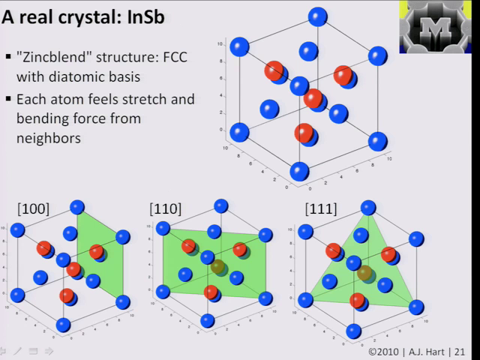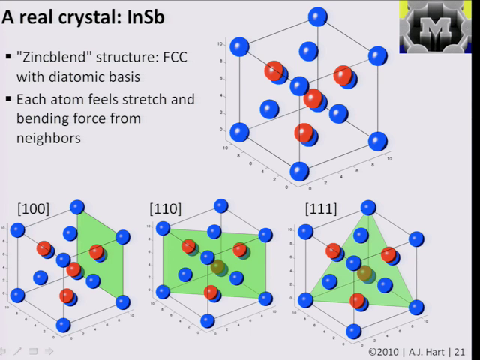And the crystal we're looking at in particular is indium antimonide, which is a semiconductor used in detectors and things like that. And the way you would solve it is exactly the same, it's just more complicated. You'd consider each atom, and it would have springs and also maybe a bending moment from one or more of its neighbors farther away. And you would set the equations of motion up, and you just let them go, and they'd start vibrating, and you could solve each different mode.